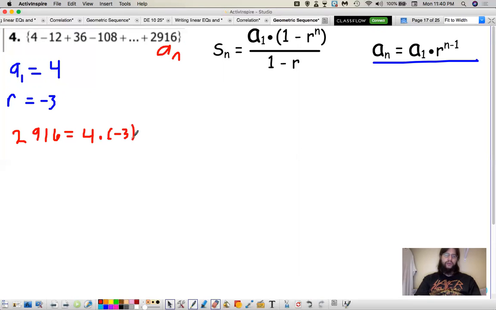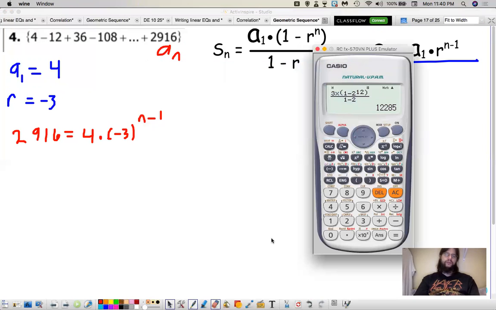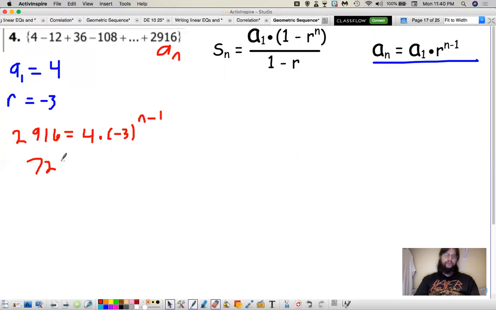Make sure you use your parentheses there, to the n minus 1 power. Divide that by 4. 729 is equal to -3 to some power.